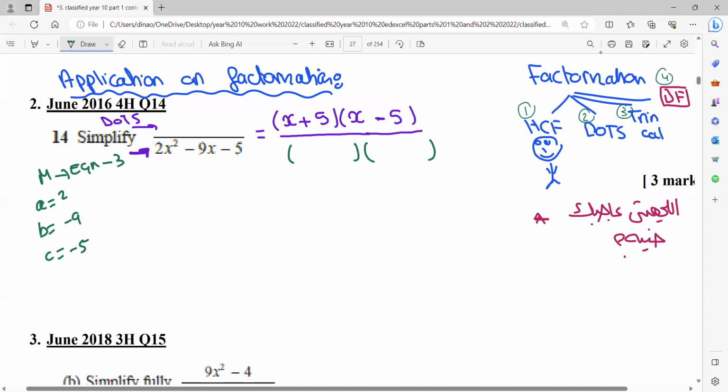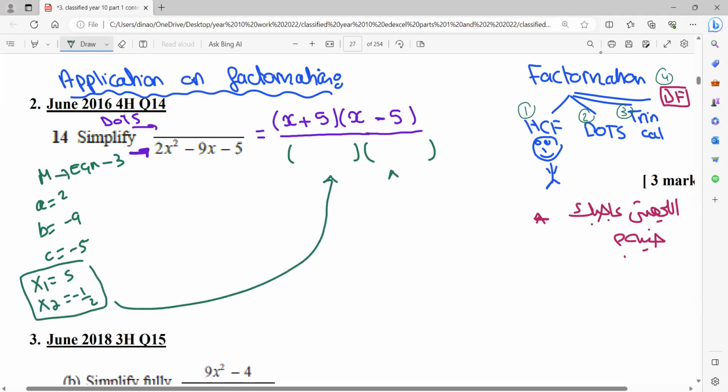We insert them on the calculator: 2 equals -9 equals -5. I have 2 x values, x1 which is 5, x2 and then press equal again, which is -0.5. These are the numbers that will be placed inside these brackets. Now if you remember we said change sign.